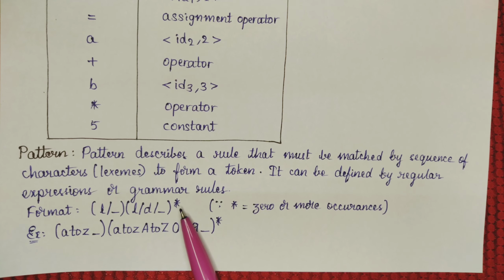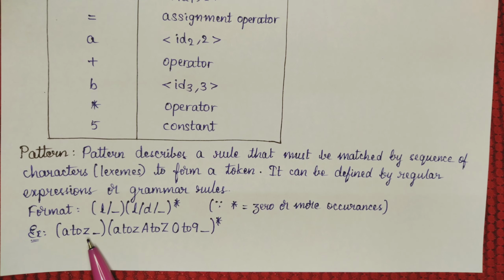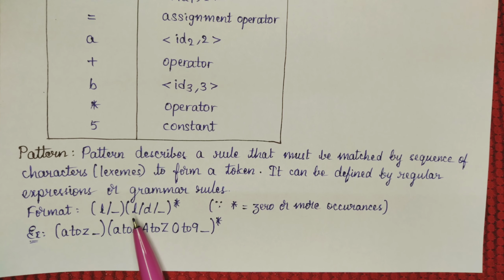For example, L is small a to z and capital A to Z, lowercase and uppercase letters, followed by digits 0 to 9 and underscore, and the star represents 0 or more occurrences of this.